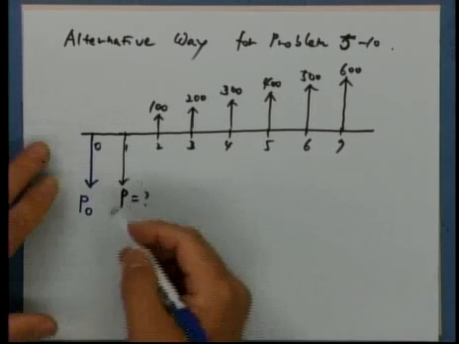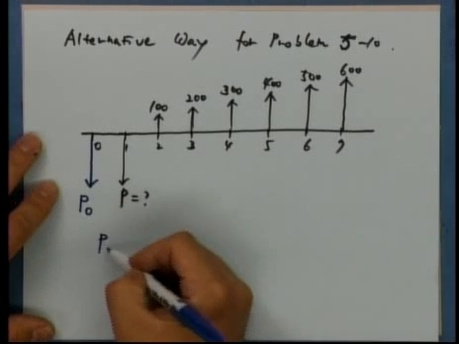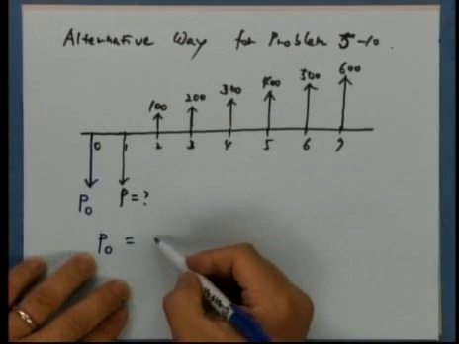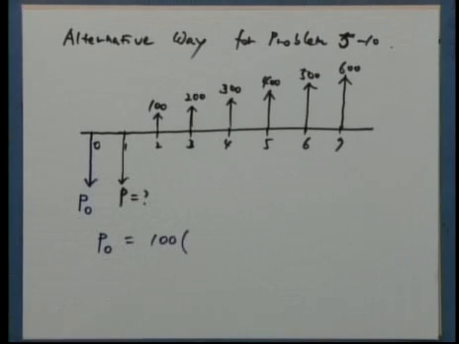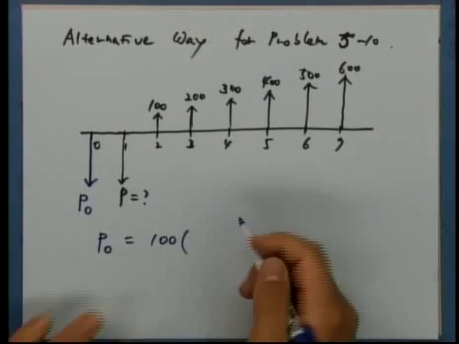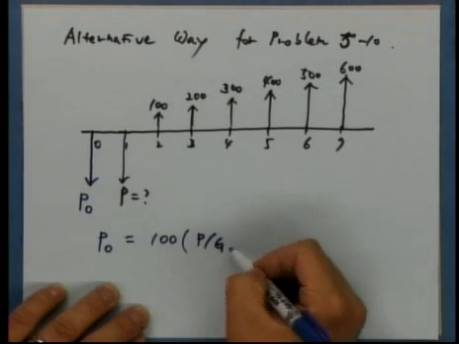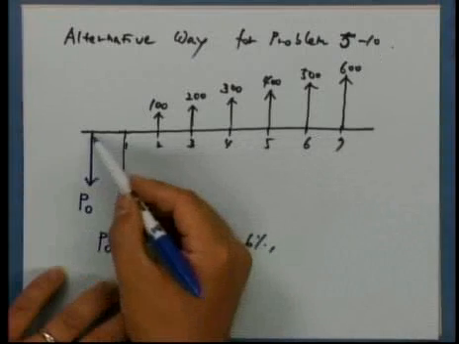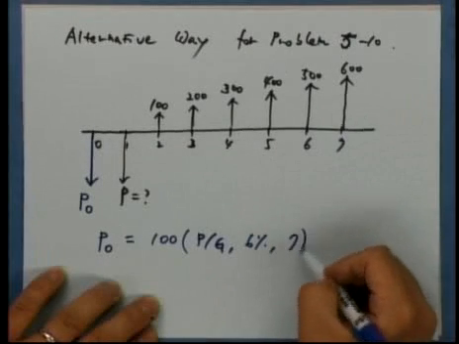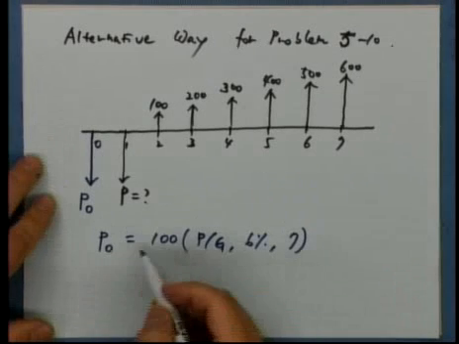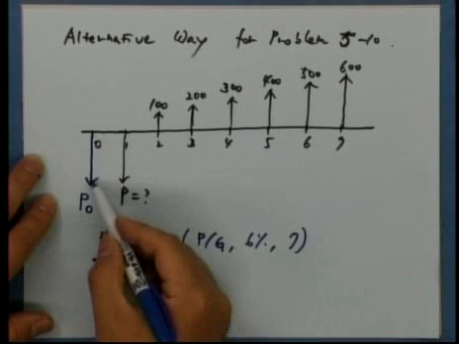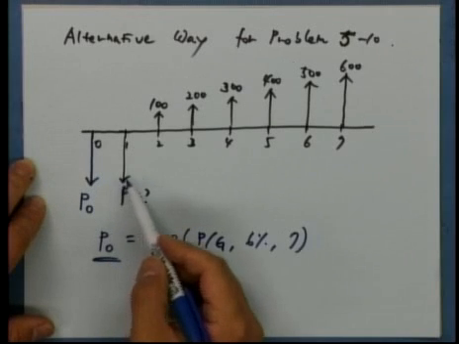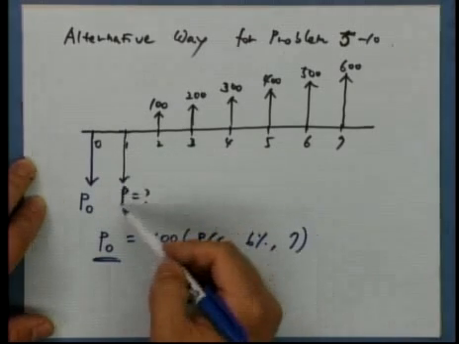Okay, so how would you get P sub 0? That's going to be 100 times P given G, 6% over 7 periods from 0 to 7, right? And once you get P sub 0, you can convert it to the equivalent future sum, which is P, right?